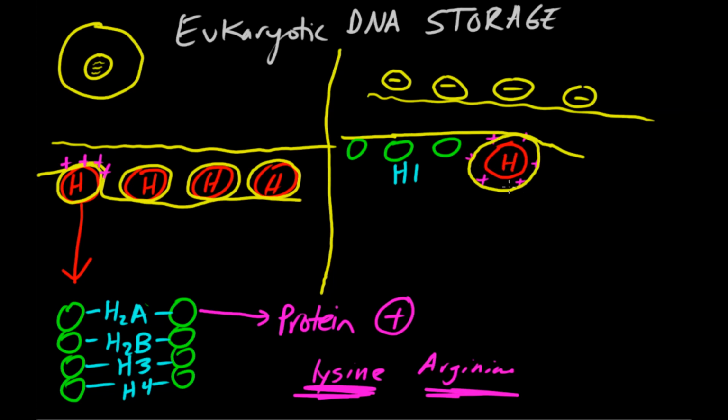Our DNA is going to wrap a couple times around it and cause a nice compact structure. This right here is going to be called a nucleosome. So the DNA, along with a histone complex wrapped around it, is going to be a nucleosome.